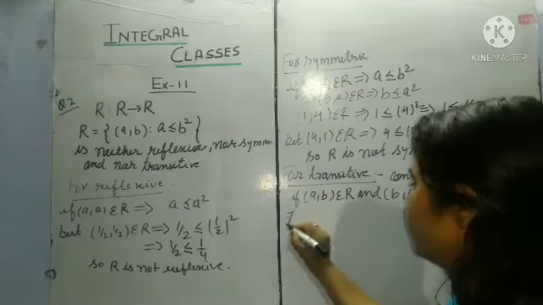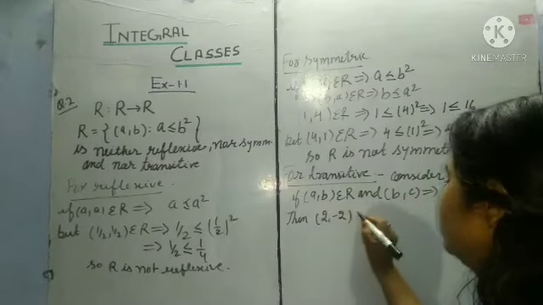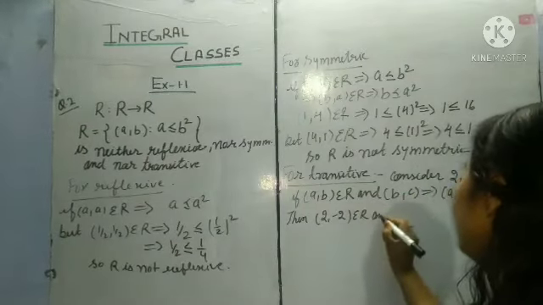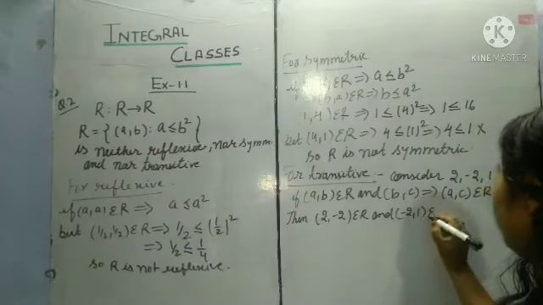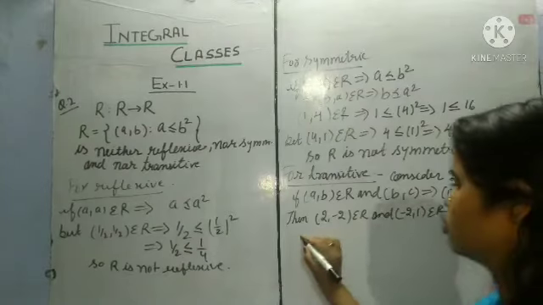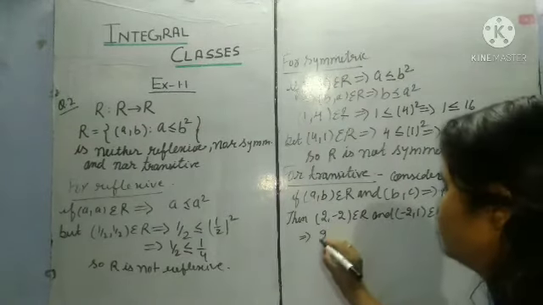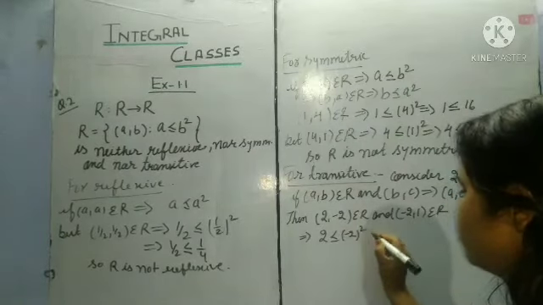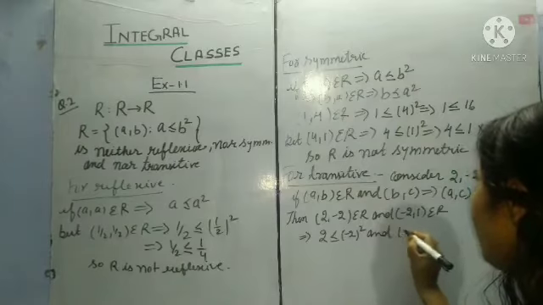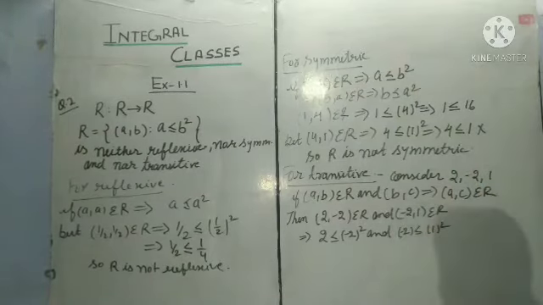Then (2, -2) belongs to R and (-2, 1) belongs to R. It means 2 is less than or equal to (-2) square and -2 is less than or equal to 1 square.